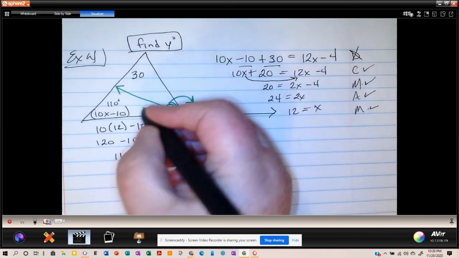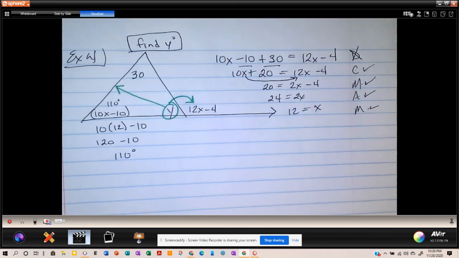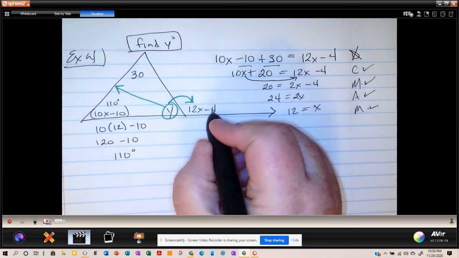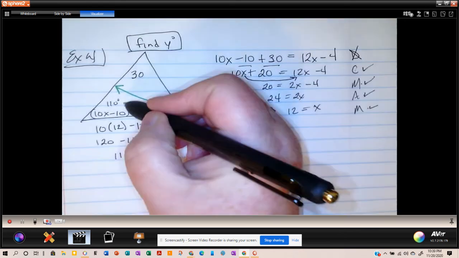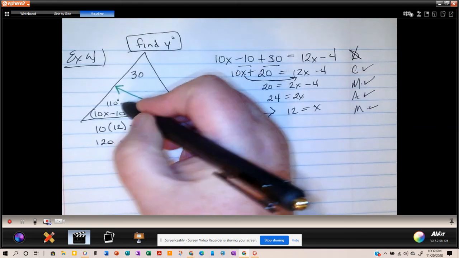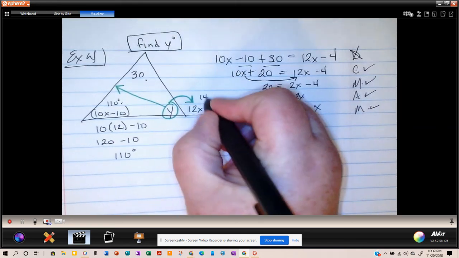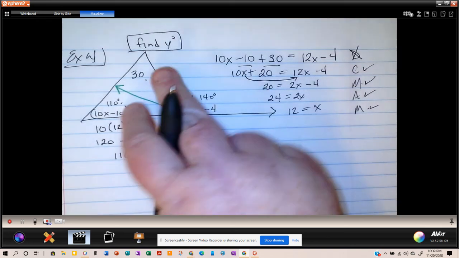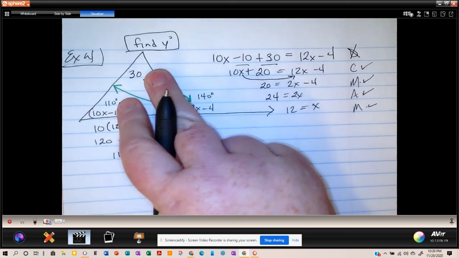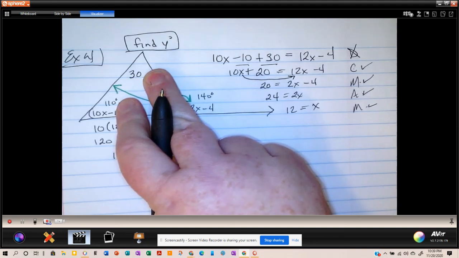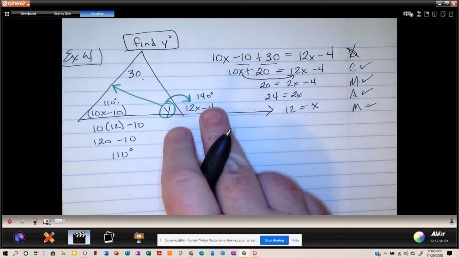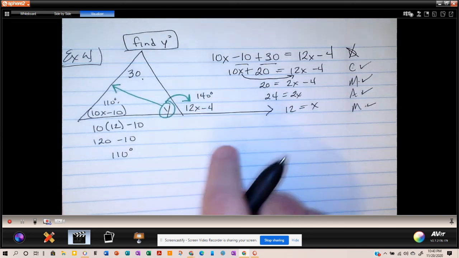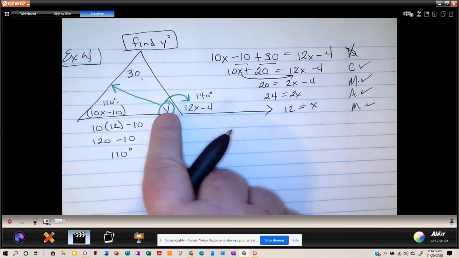I still don't know why. But I bet you this one is 140. How do I know that? 110 plus 30 is 140. Now, two things I could do. I could add these two and subtract from 180, or I could take and subtract 140 from 180 because these are a supplement pair.